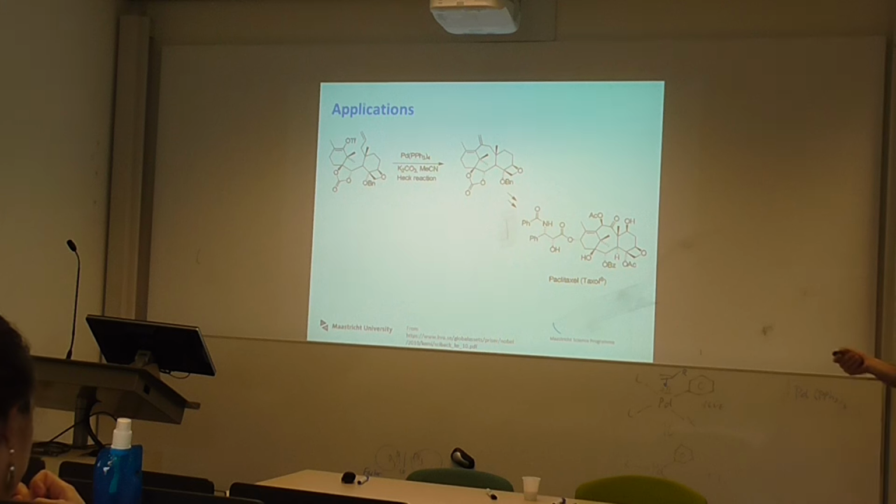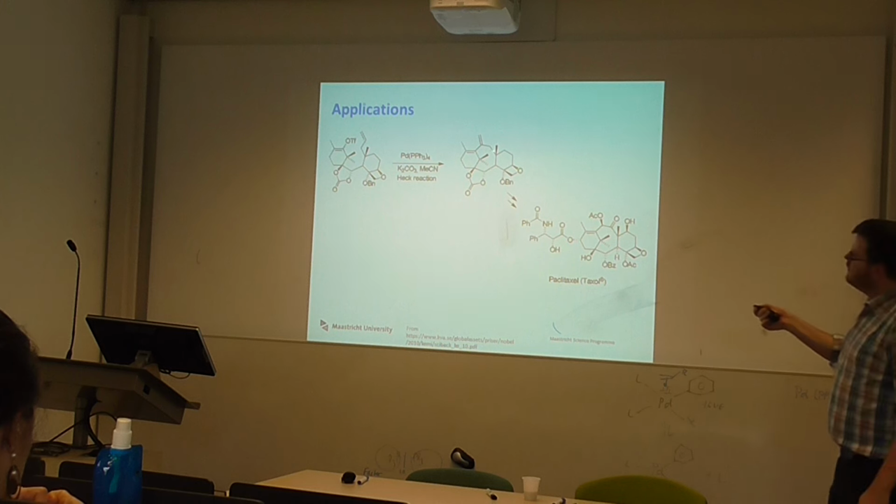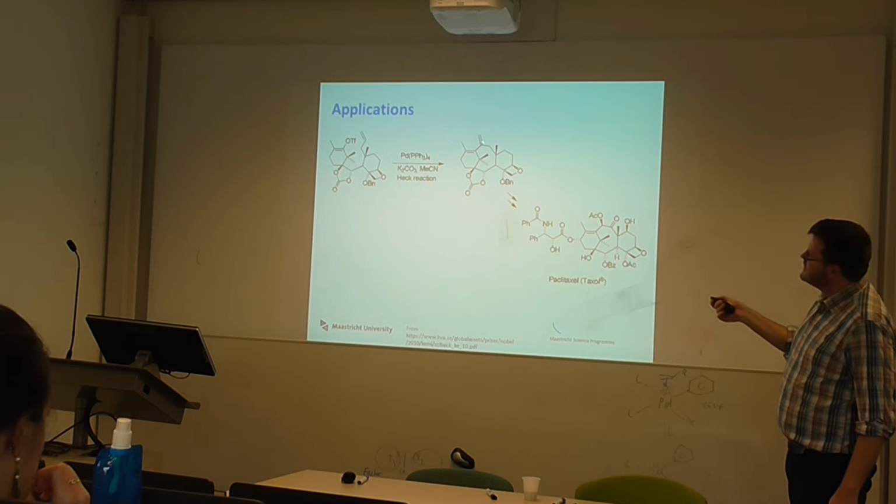Better is if those alkenes are activated, like we just saw with an ester floating around, which increases the reactivity. But you can also just do Heck coupling with a normal alkene, like we have here. And what you see is a very interesting Heck coupling reaction where there is a regiospecific formation of this very unstable ring system here.